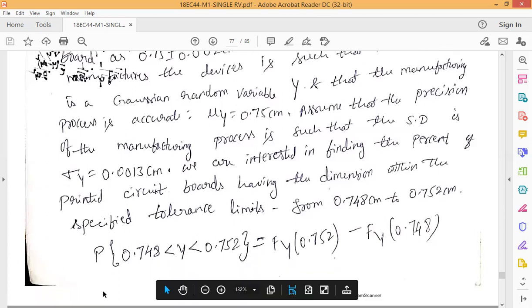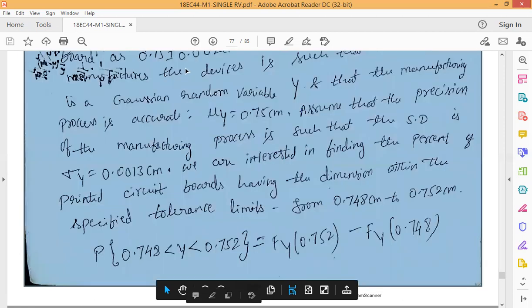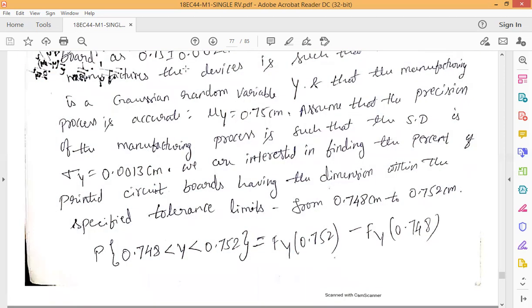So here having the given dimension, we can write the probability of 0.748 less than y less than 0.752. Here we are taking the independent variable y. As I told in the beginning of the topic, we'll see how to take the values for the independent random variable.